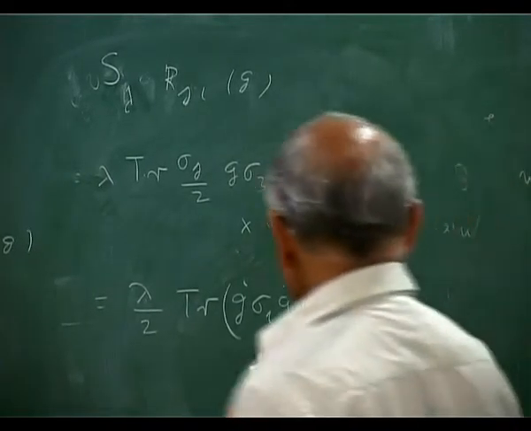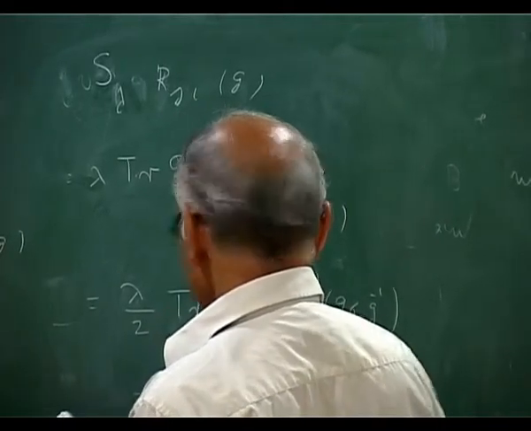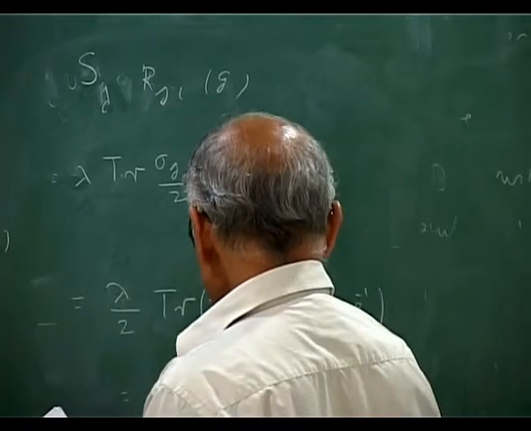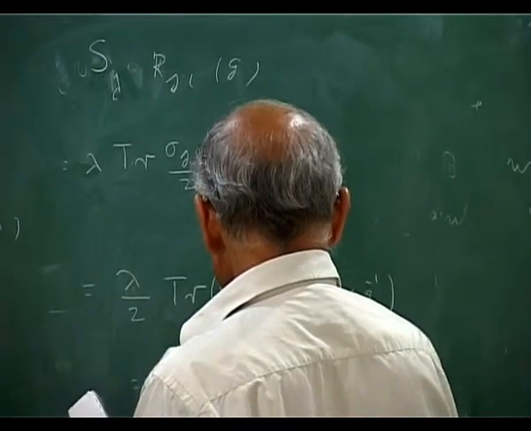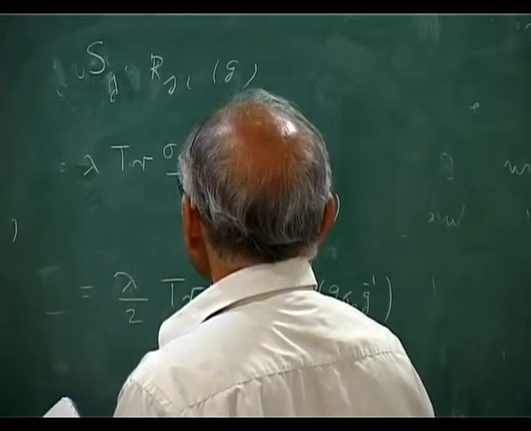You see that there is a really significant simplification here, because you simply get lambda times delta i3.